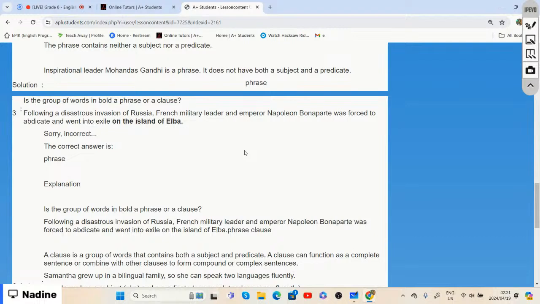All right, so we can say that exile on the island of Elba is a phrase. That's not a clause, because remember, a clause contains a subject and a verb and can either stand as a simple sentence, compound sentence, or complex sentence. In this case, it is basically a phrase. It lacks a subject and a verb.